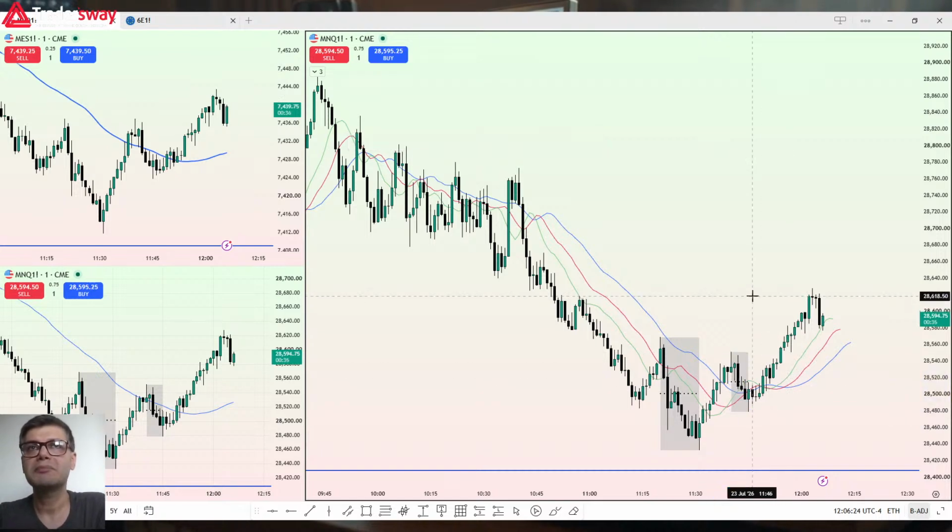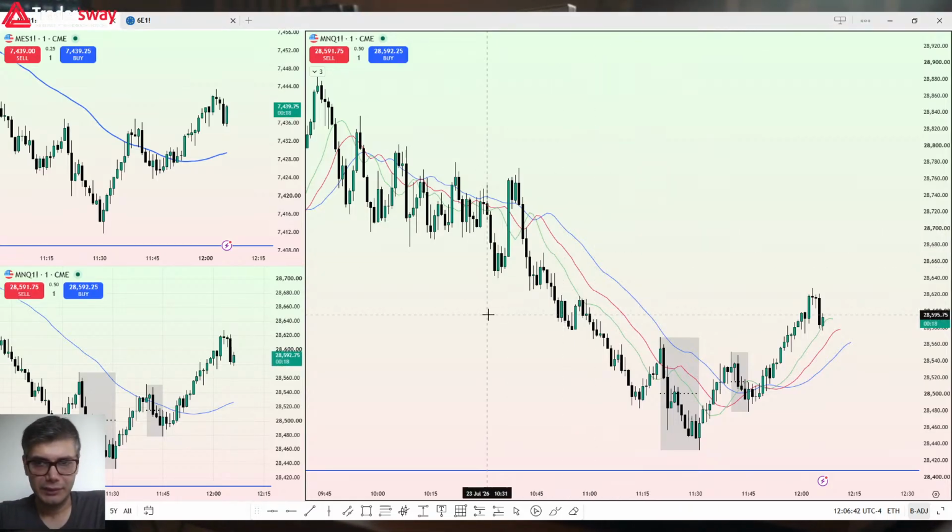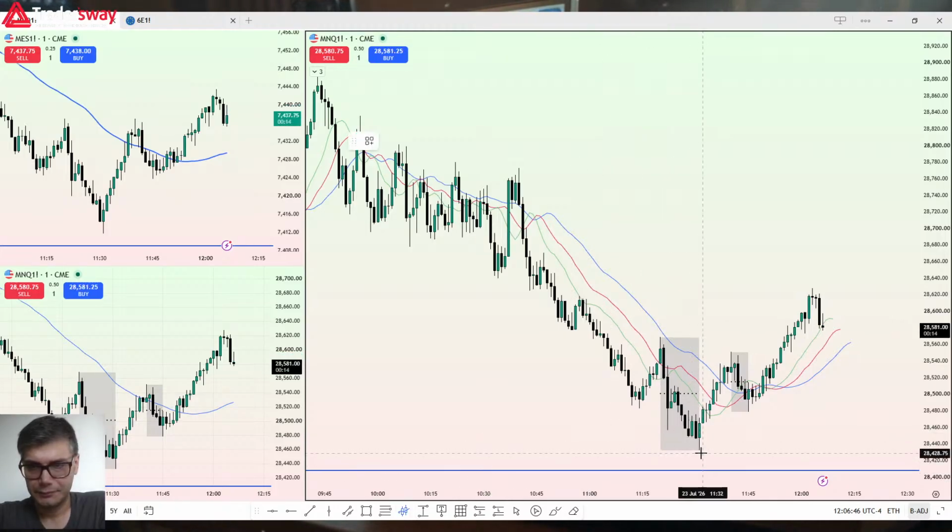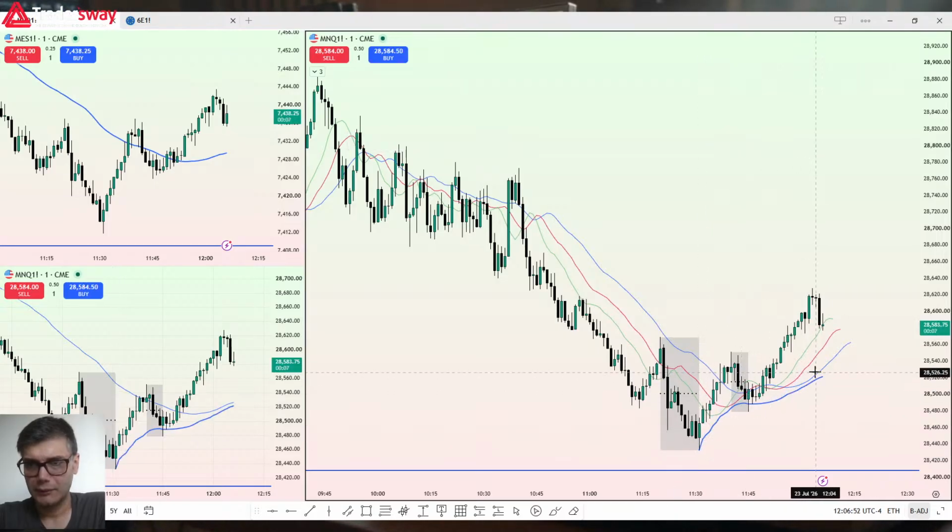Other than that, no thank you. I can use the VWAP, set it here to the lows. All right, gives me here same area.